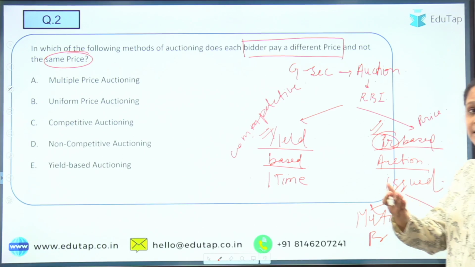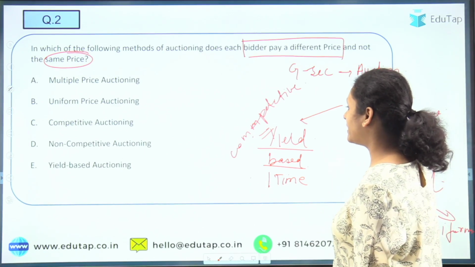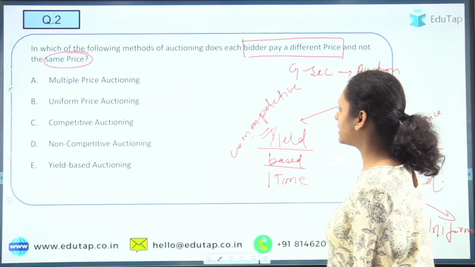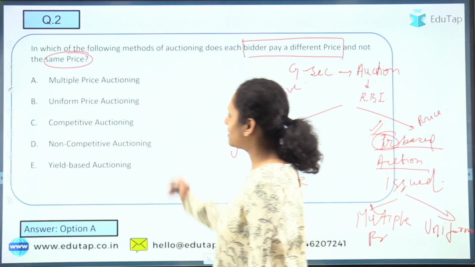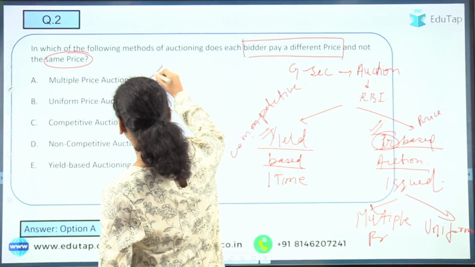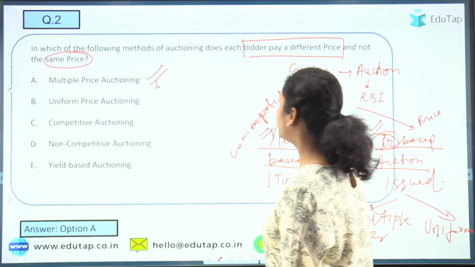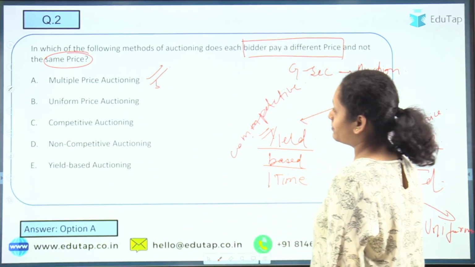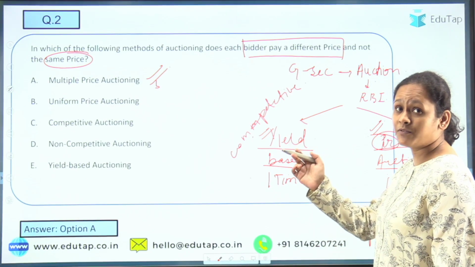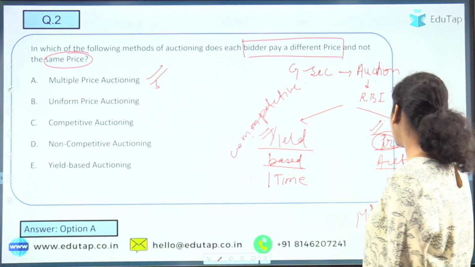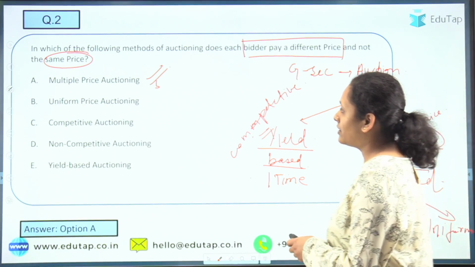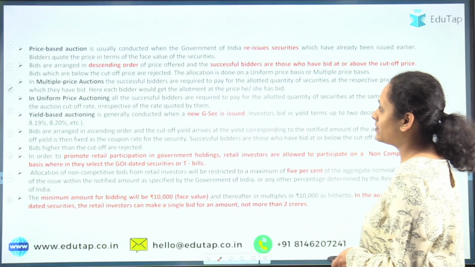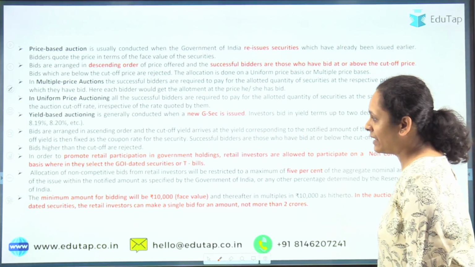We'll understand this in the coming slide. Now, the correct answer to the question is option A, that is multiple price based auctioning, where the bidder pays a different price. Just some time ago, I said multiple price based auctioning comes under price based auctioning. Now let us understand each of them in a detailed manner.